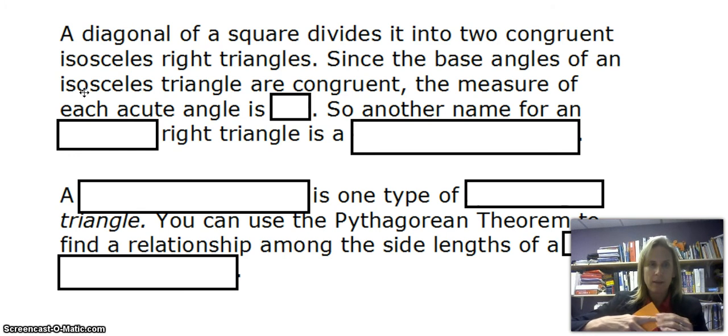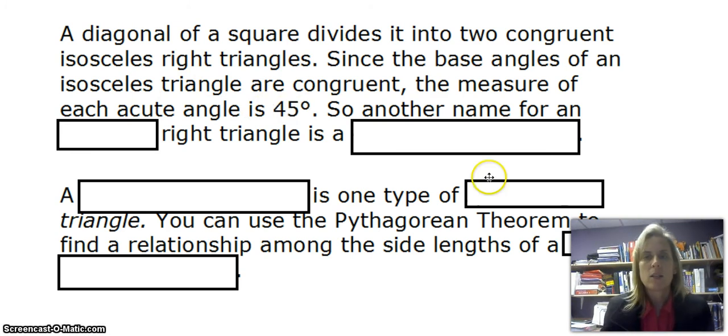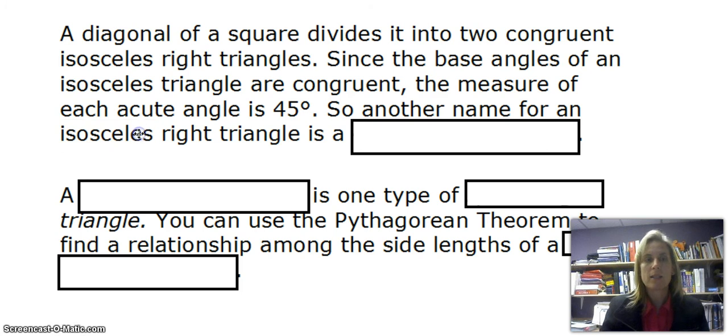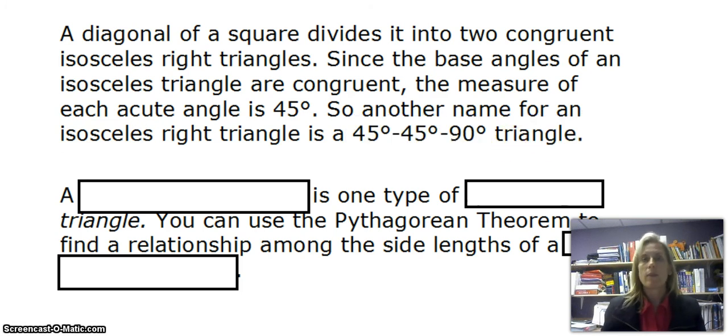This is the base down here, is congruent, then the measure of each acute angle is the same. So these two acute angles are both 45 degrees. So another name for an isosceles right triangle is the 45, 45, 90 right triangle.